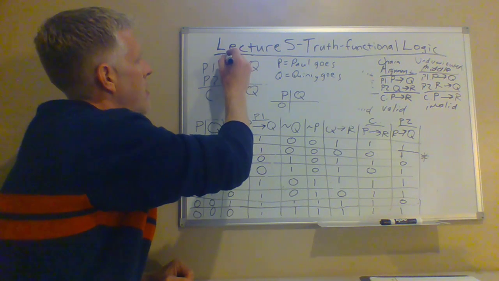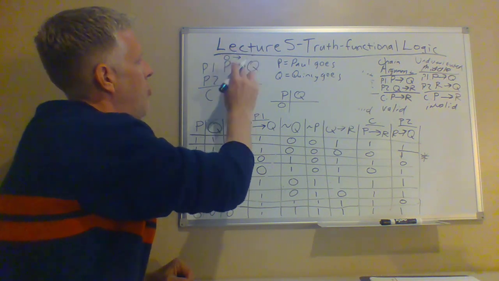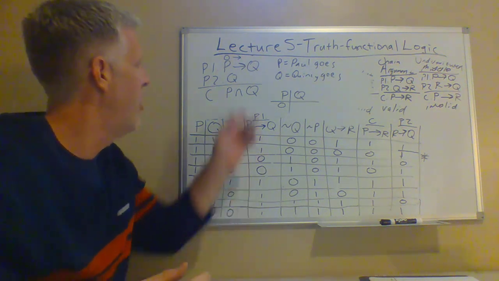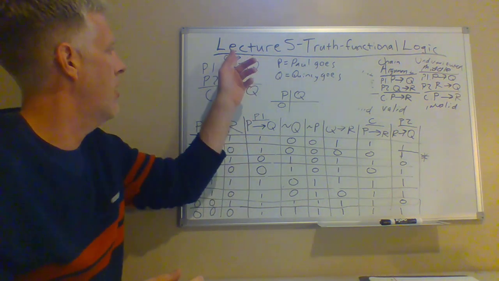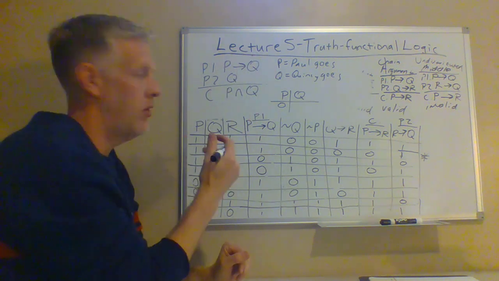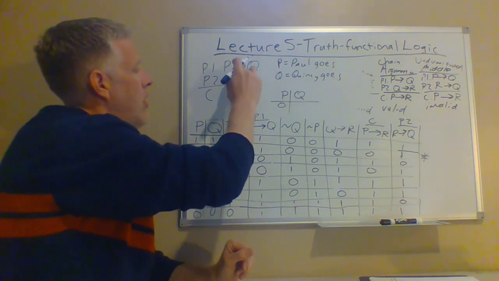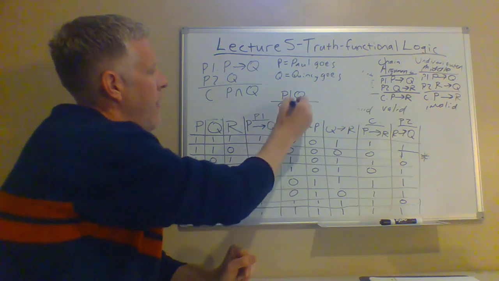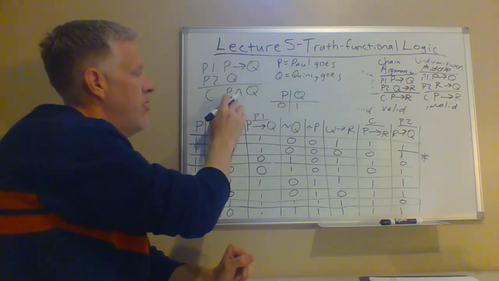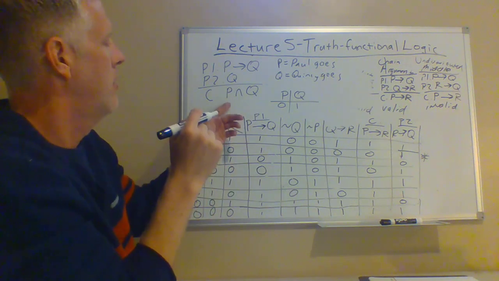If this is false, to render the whole thing true, it's already true, right? We know a conditional is true anytime the antecedent is false, so we're good there. P having a false value will keep premise 1 being true. What about Q? Well, we can assign any truth value we want to Q, because we didn't have to say anything about it before to render this one false.